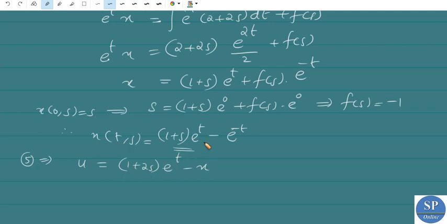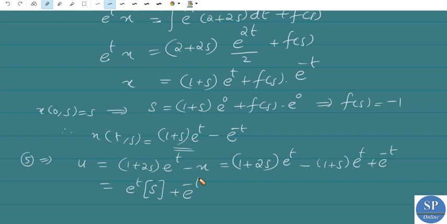Replacing x here, this is 1 plus 2s into e power t minus 1 plus s e power t plus e power minus t. Taking e power t outside, we get e power t into 1 plus 2s minus 1 minus s. So 1 minus 1 cancels, 2s minus s is s, right? So u equal to s e power t plus e power minus t.